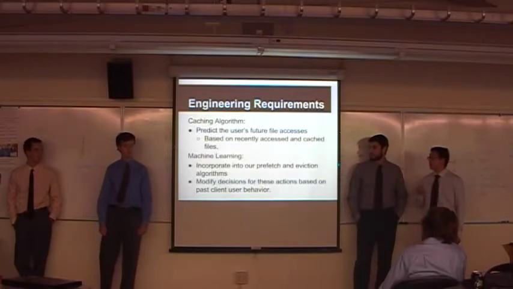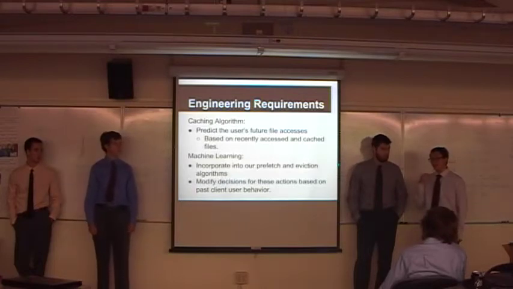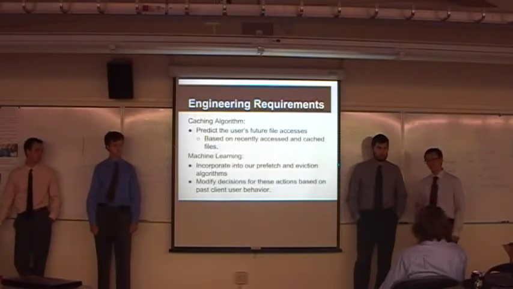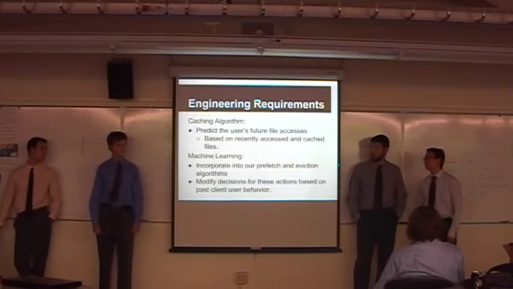And in our machine learning, we want to incorporate it into our prefetching and eviction, and modify the decisions based on past behaviors and experiences so that it can learn, and the user will be able to access everything faster.